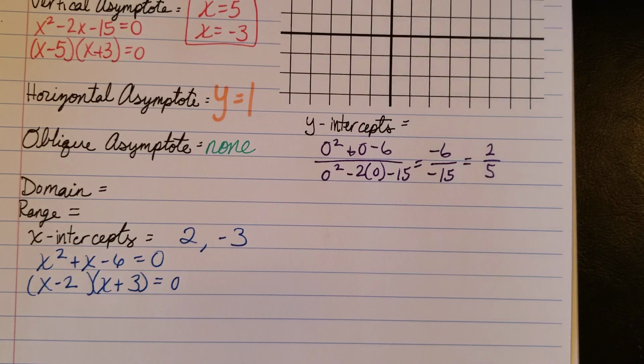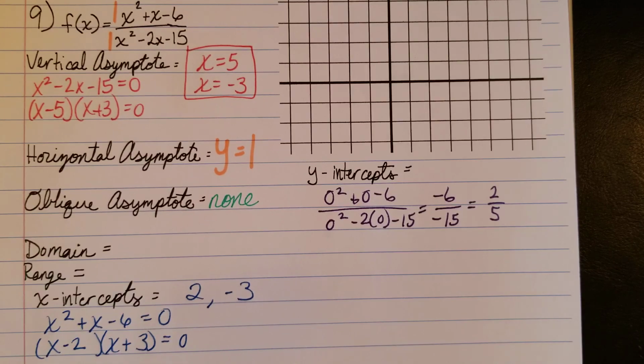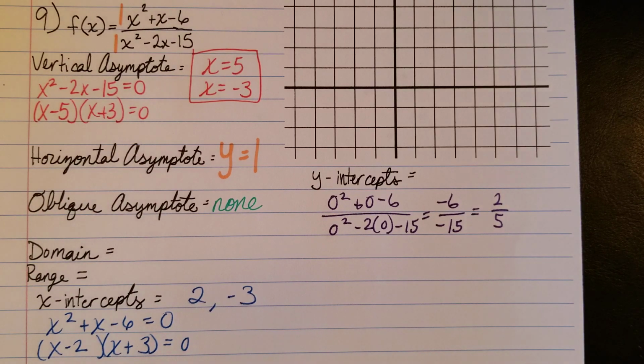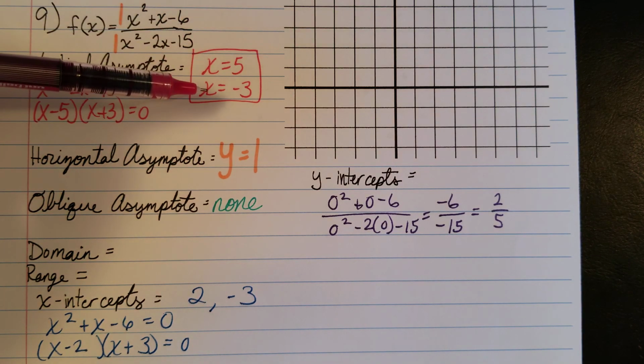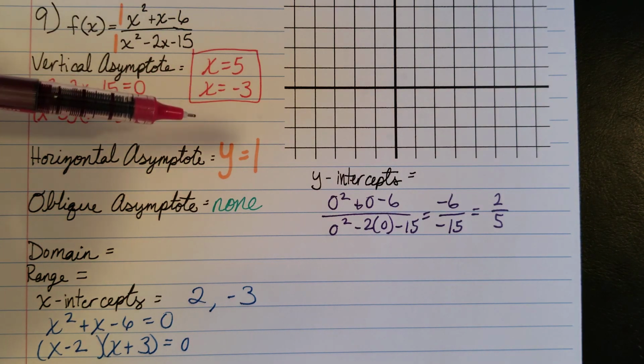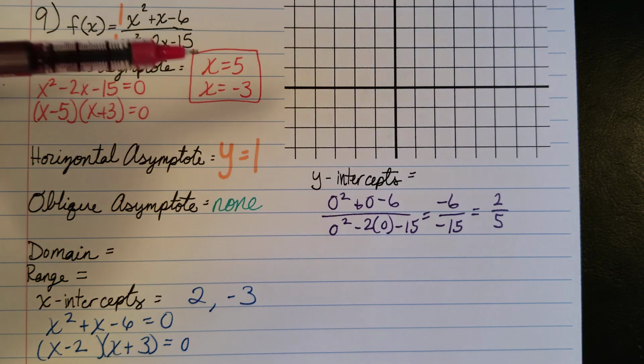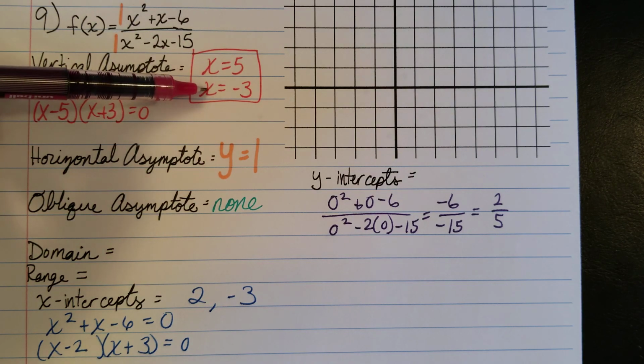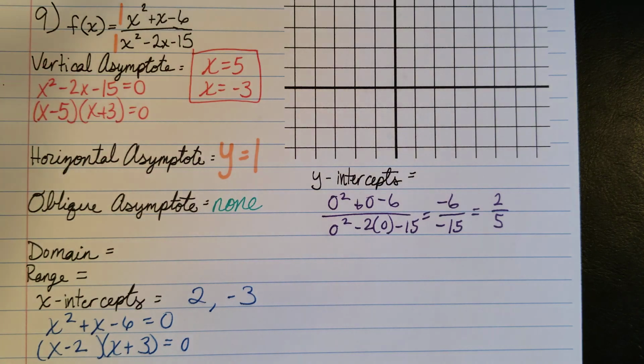Okay, well, as you may or may not have noticed, we do have a conflict of interest here. You can never cross or touch a vertical asymptote. So you can't have a vertical asymptote and an x-intercept at the same value.